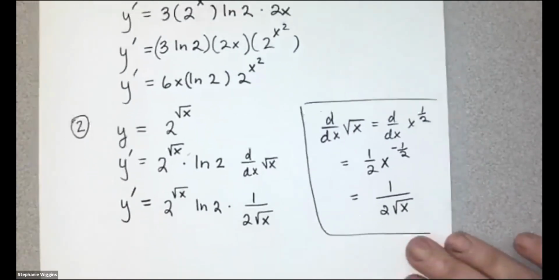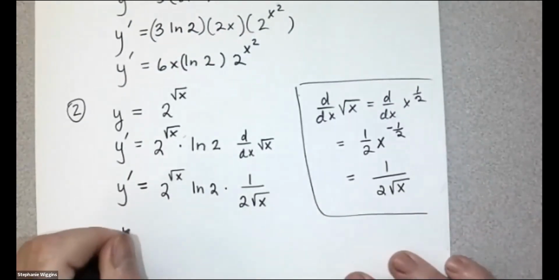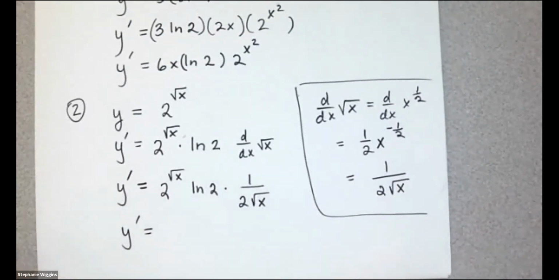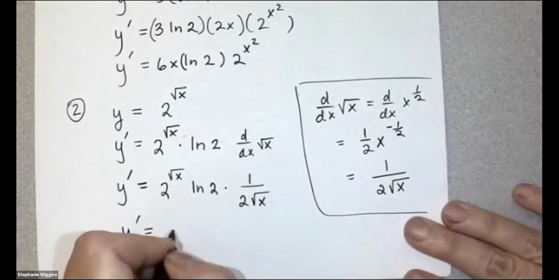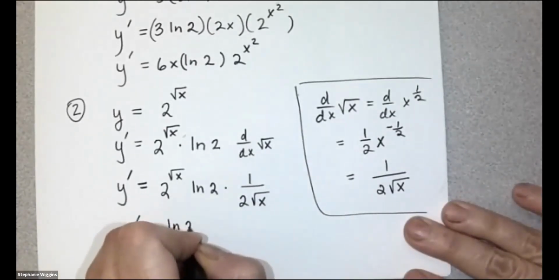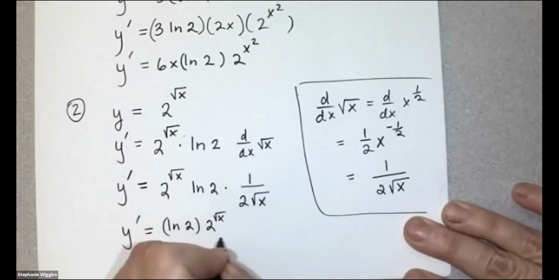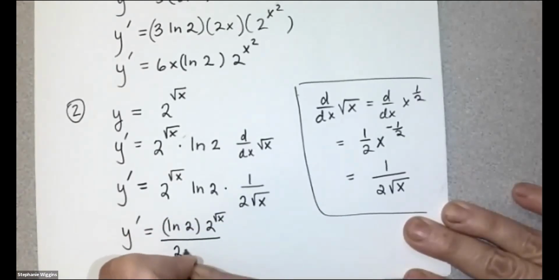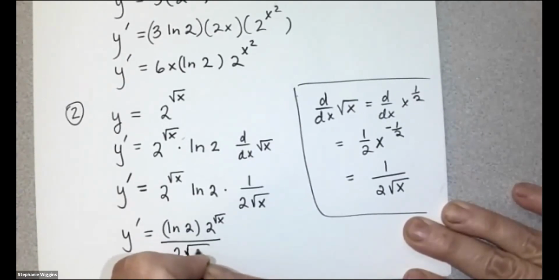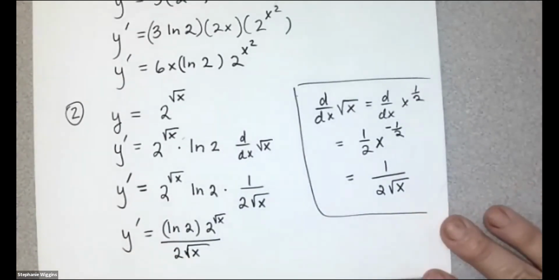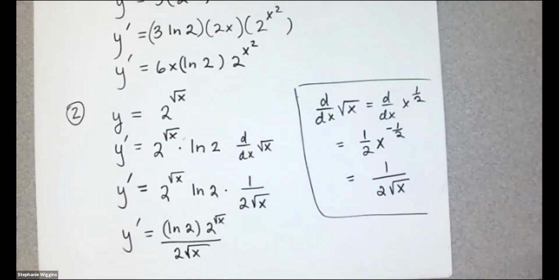And to simplify that, I would probably write it with my constant out front, that's the natural log of 2. Then I've got 2 to the square root of x divided by 2 times the square root of x. Any questions on that one?